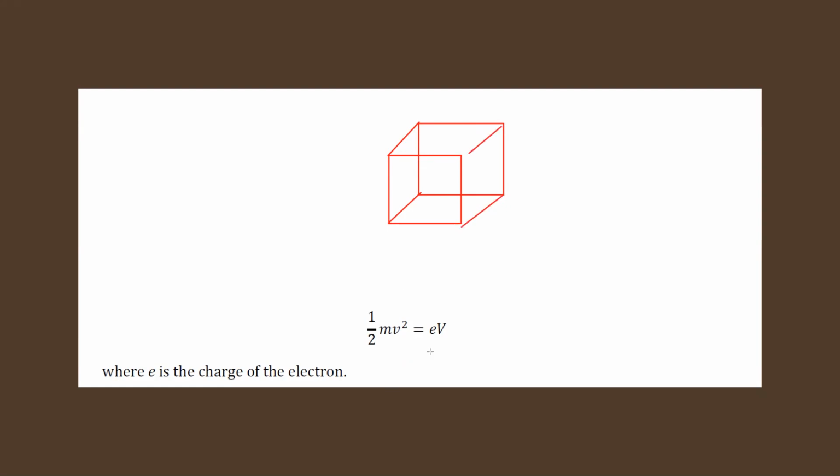In X-ray diffraction, what will happen? X-rays are electromagnetic radiation. When the wave passes through the crystal, diffraction patterns are observed. What it shows is that the wavelength is comparable with the spacing, the distance between the ions.